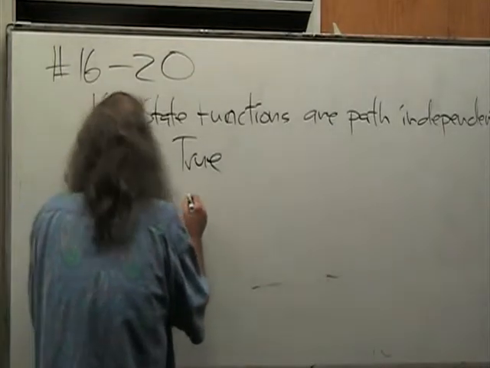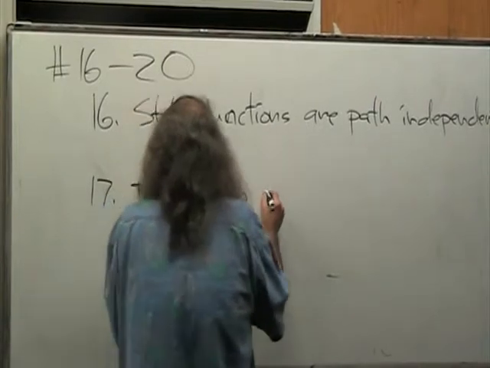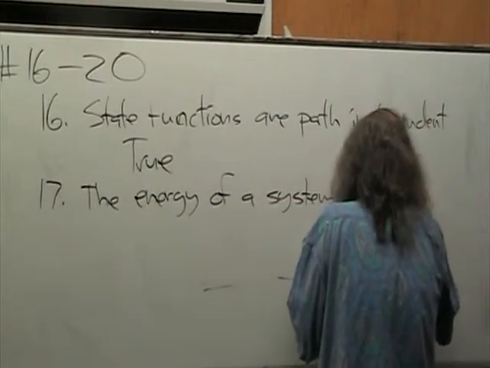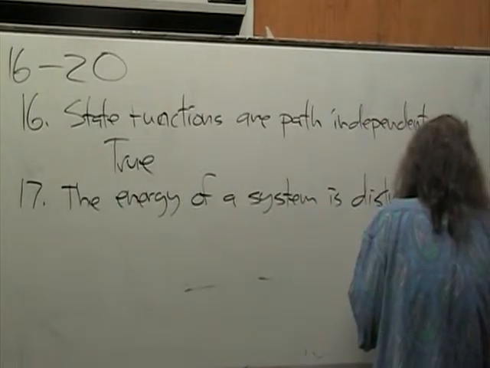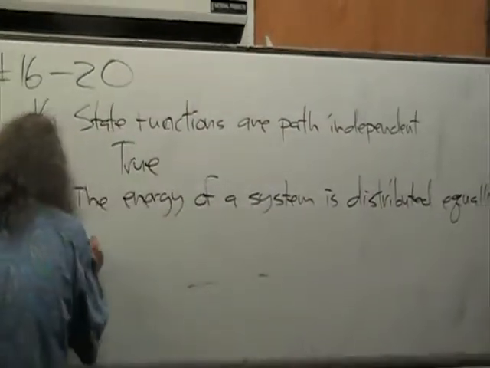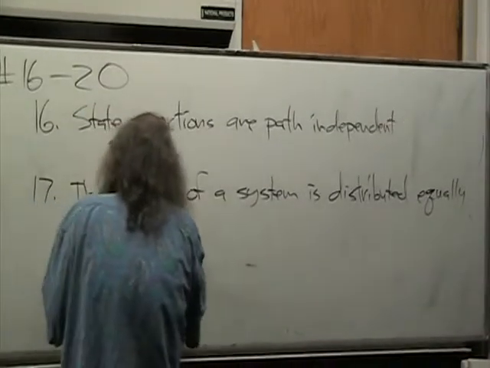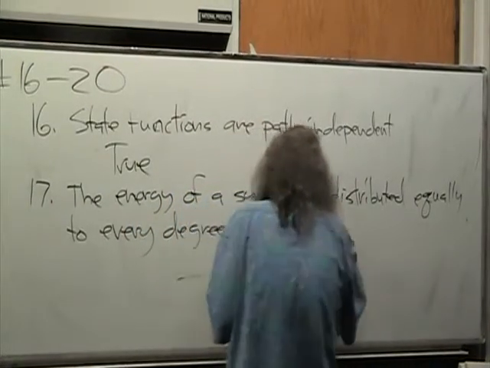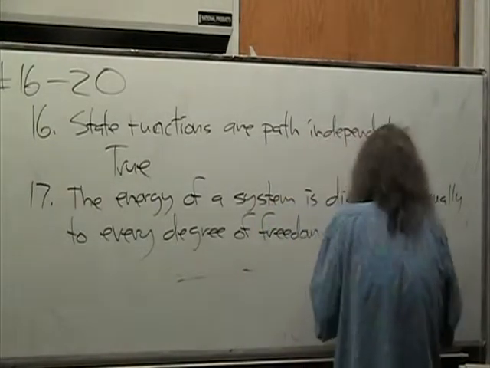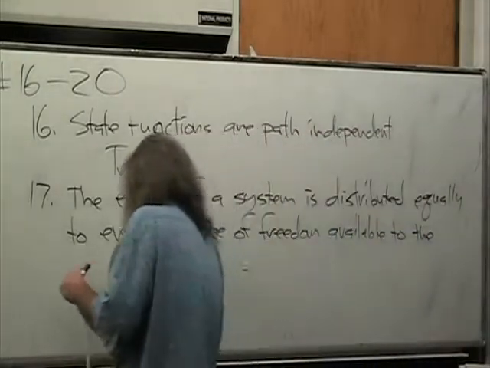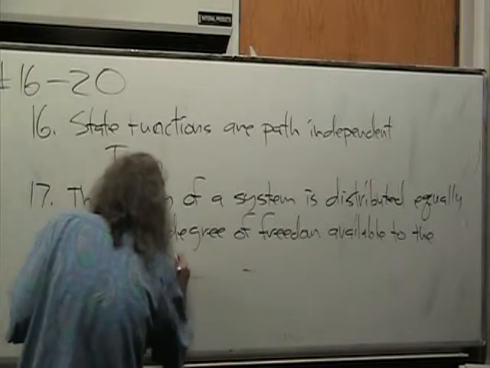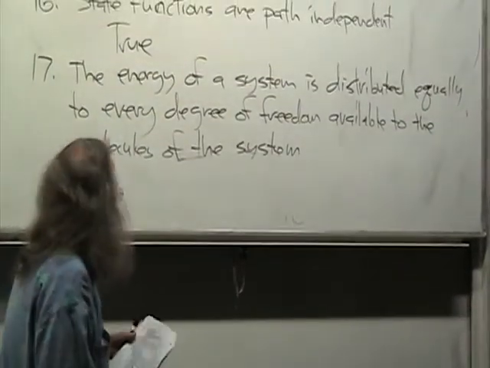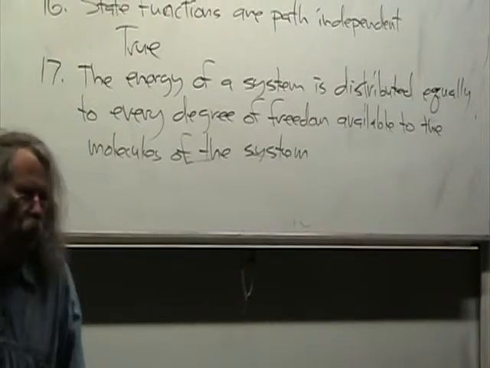the energy of a system is distributed equally in all directions to every degree of freedom available to the molecules of the system, which is a very long-worded question, but I've just described a thing that has a name.